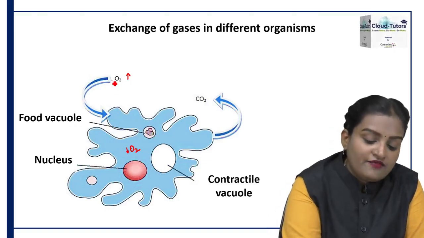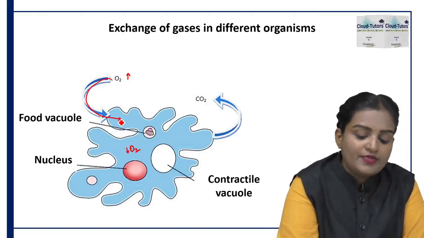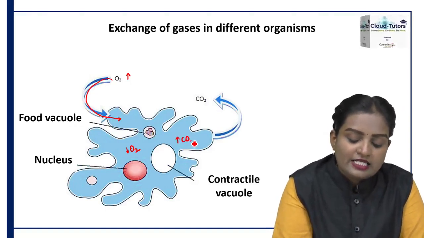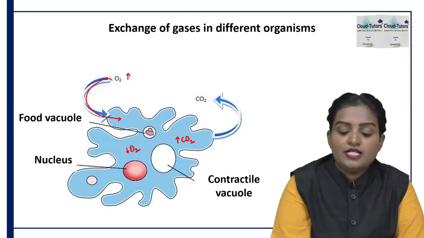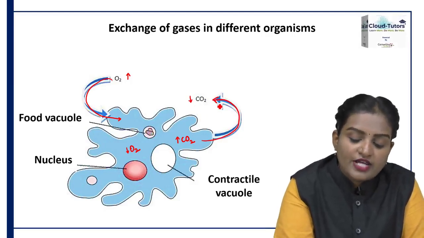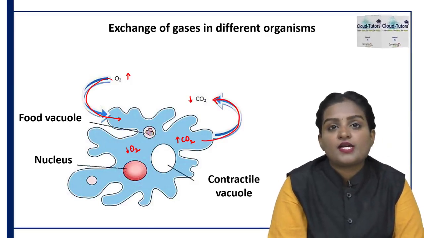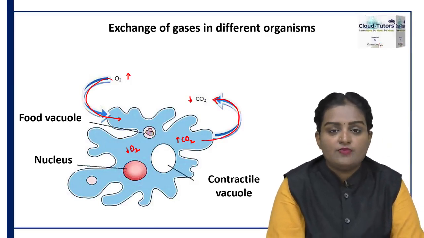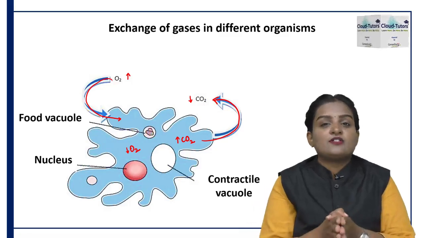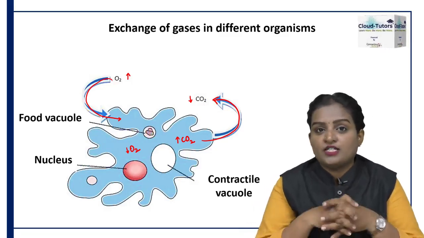So mere diffusion will help in uptake of oxygen. Similarly, inside the cell there is higher amount of carbon dioxide compared to outside. So because of concentration difference, the carbon dioxide can go out of the amoeba. Amoeba is simple, so diffusion pressure is enough to meet the oxygen demand.